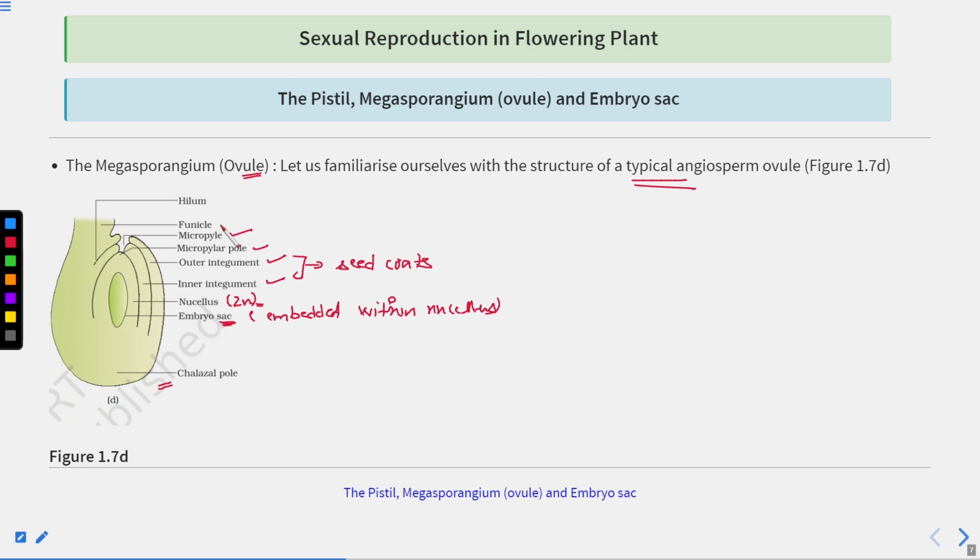Here is the funicle, which is known as the stalk of the ovule. The ovule is attached to the placenta through the funicle. This also you have to remember. Clear?